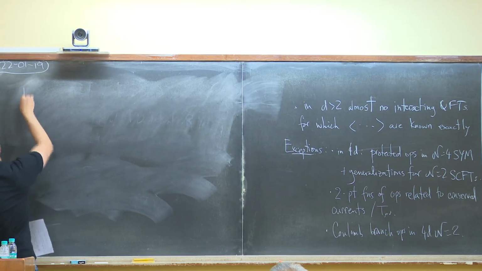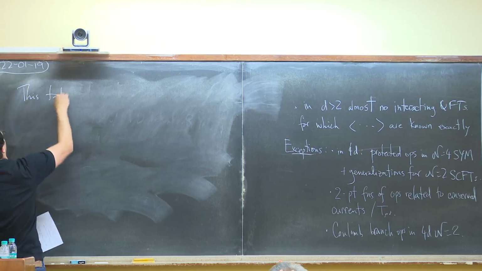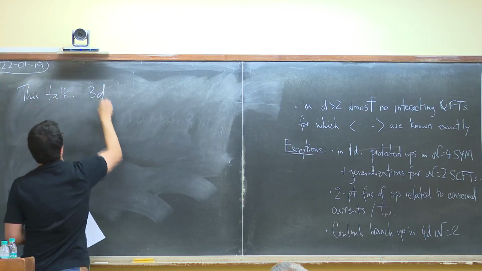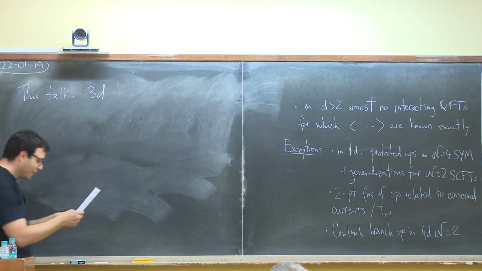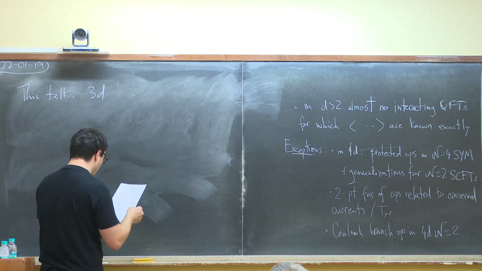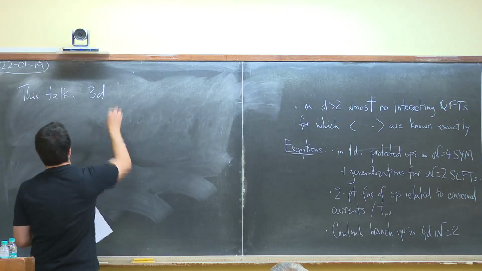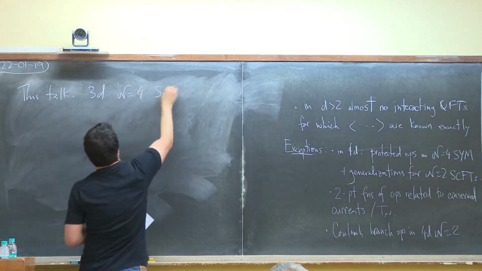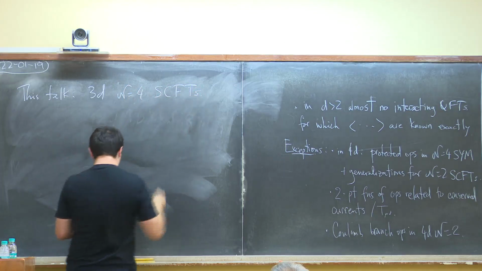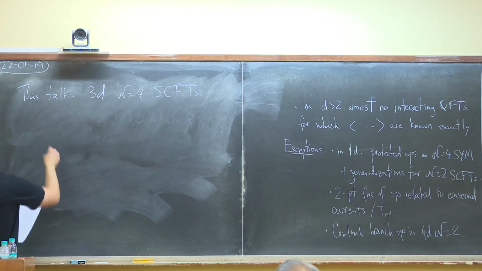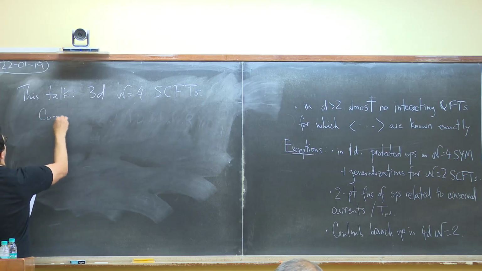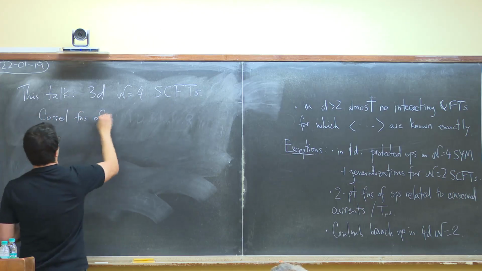So in this talk, we'll do 3D, since most of those things are in 4D. 3D N=4 superconformal field theories. And I'll talk about correlation functions of half BPS operators.